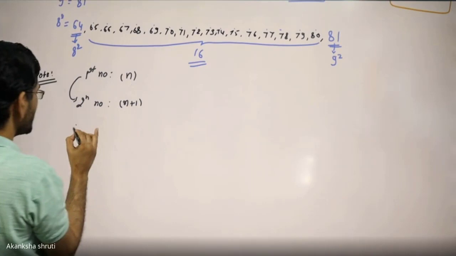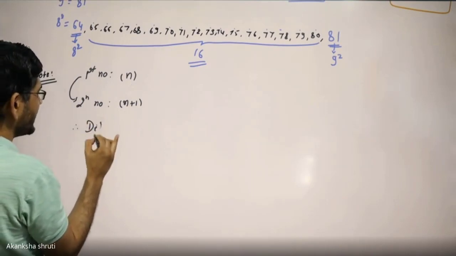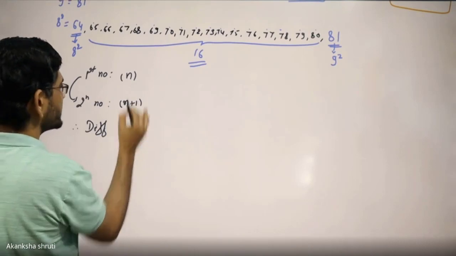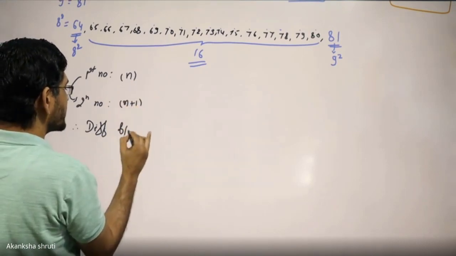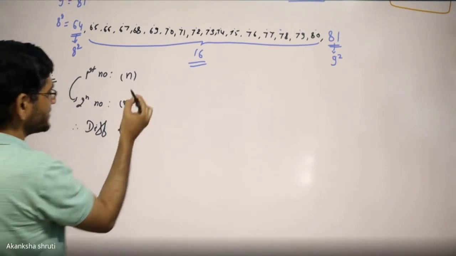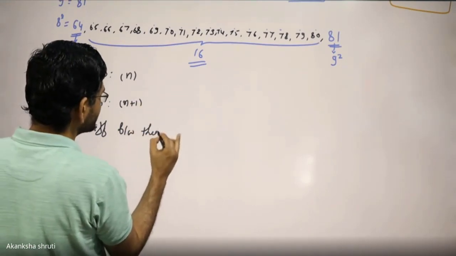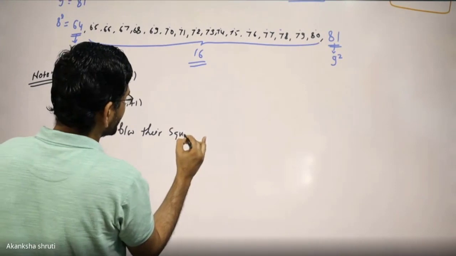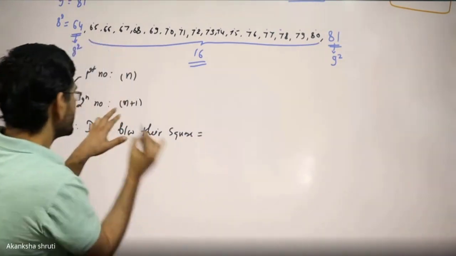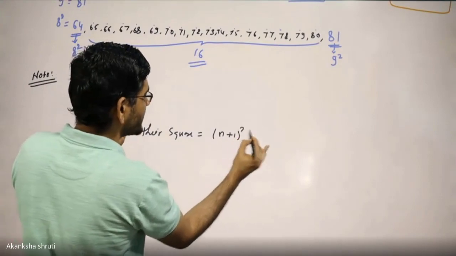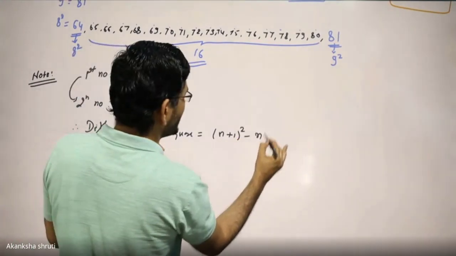Therefore, their difference, or the number of natural numbers between their squares. So let us first take the difference between their squares. It is n plus 1, the bigger number, which we have to take first, whole square, minus n square.